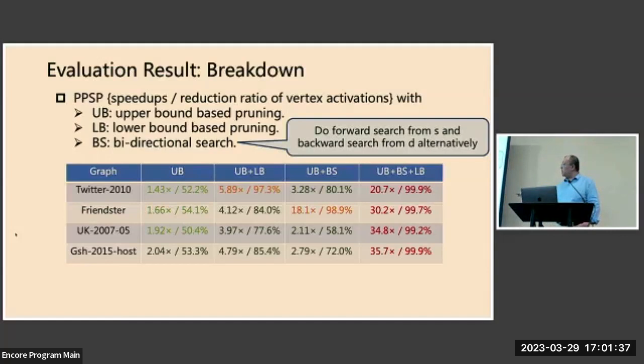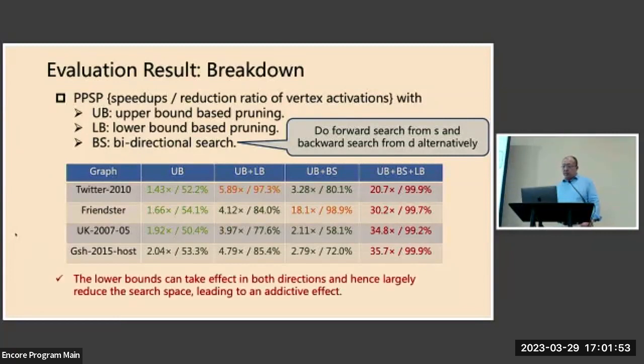If we consider the lower bound or the BS, it's always better than just considering the upper bound. It's not clear which of these two is better. However, if we consider all three together, it is the best. So it's important to consider the lower bound together with the BS, or bidirectional search.